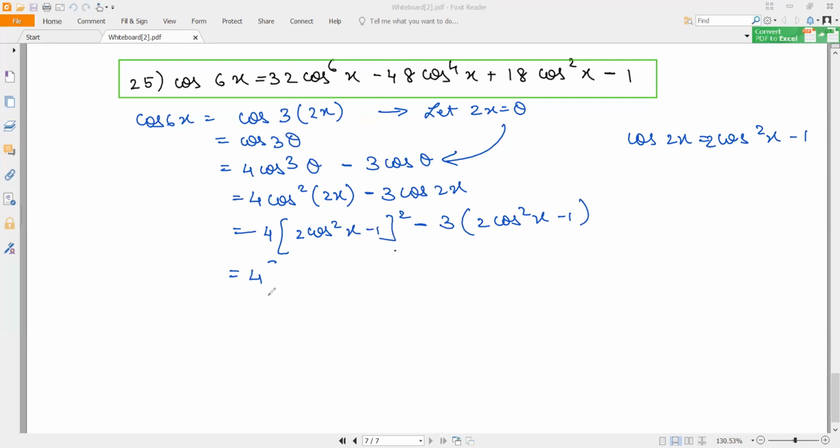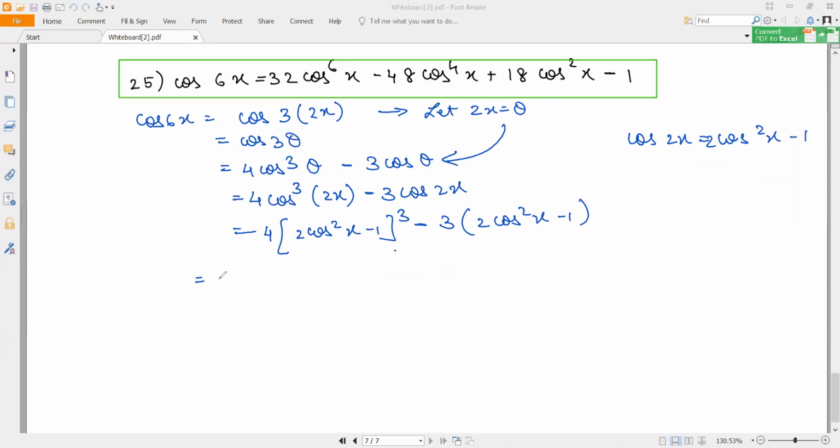This is 4 times a minus b whole square, a square, minus, hold on, this is a cube, not a square. So we'll have to apply the cube formula, sorry. This should be cube.